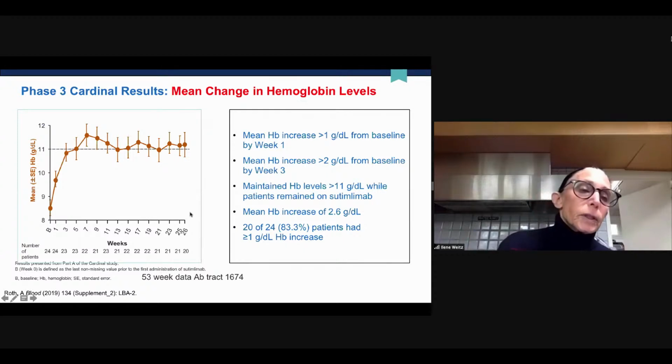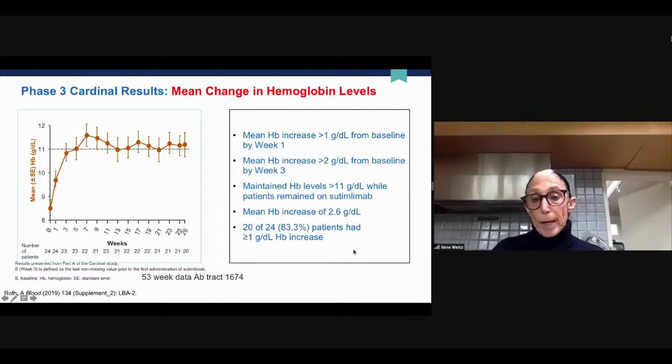And here you can clearly see that there's a dramatic and rapid improvement in the hemoglobin within the first week or 2 or 3, and by 4 weeks, it's up to 11. And the mean hemoglobin increase was 2.6 grams. And 83% had an improvement of greater than 1 gram.